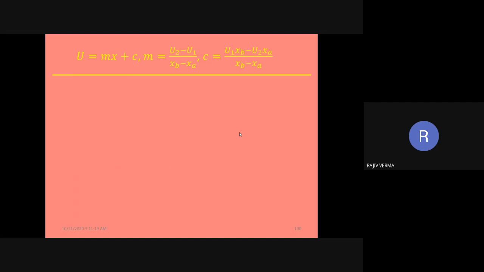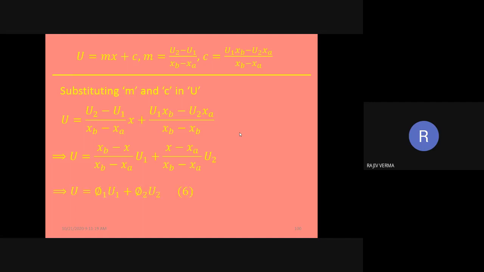So when you substitute the value of m and c in u, you get the expression on display, and this expression can be modified slightly so that you have the values of u1 and u2 multiplied by two functions, which is going to give you expression number 6 on display.